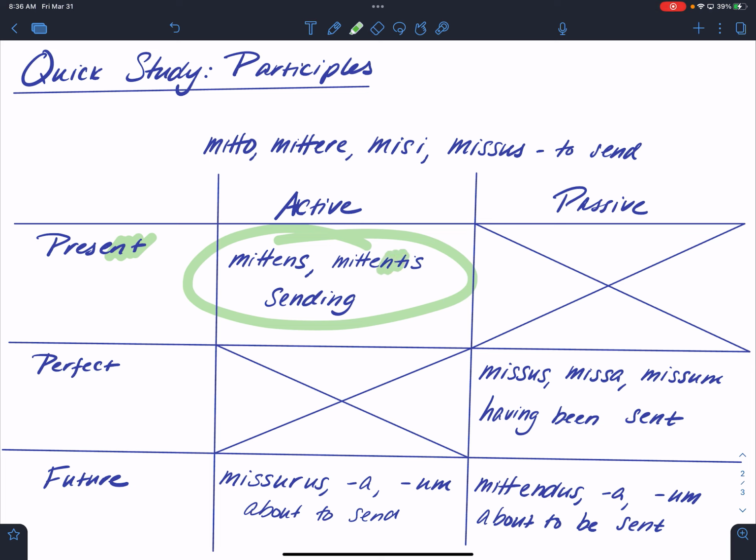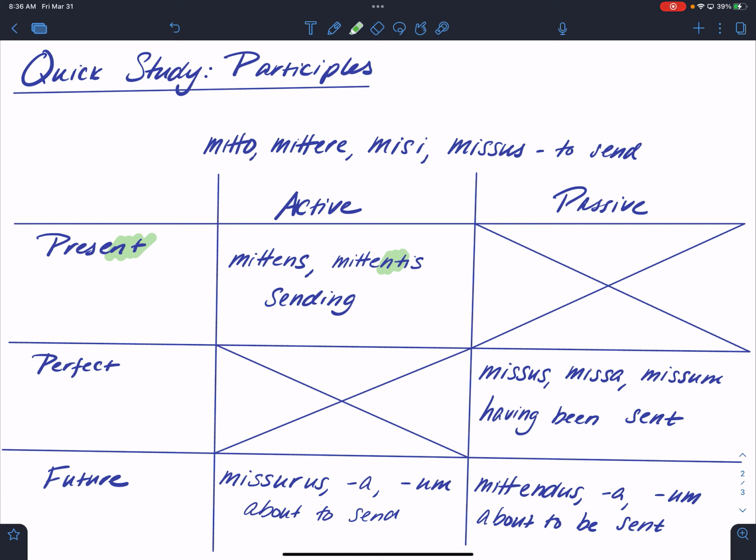So if you have a word that looks like it comes from a verb, but it's got an adjectival ending and an NT in the form, it is absolutely a present active participle. That's how you recognize them. Does that make sense? So NS or NT is what you're going to look for.